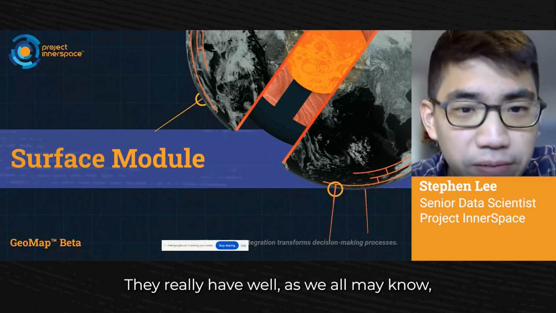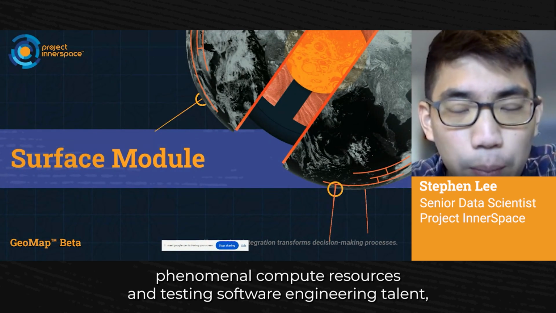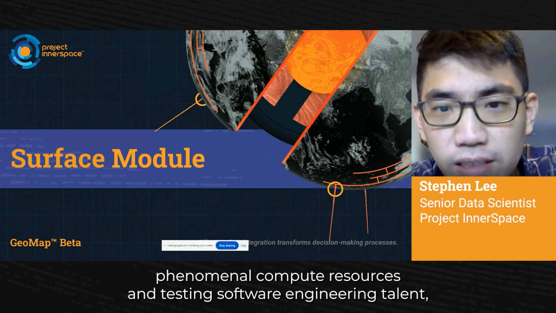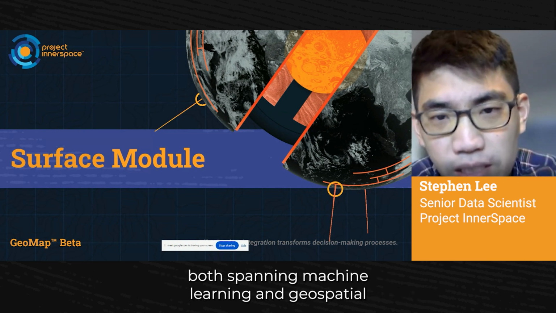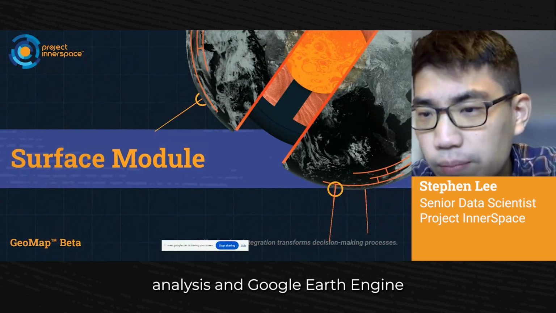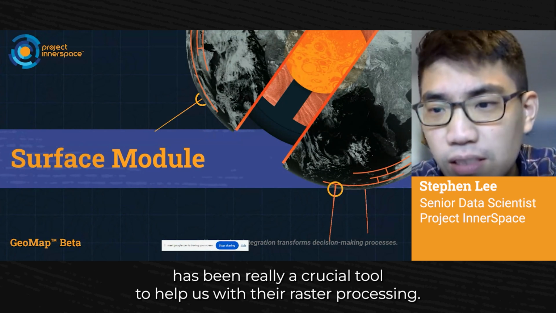They really have, as we all may know, phenomenal compute resources and fantastic software engineering talent, both spanning machine learning and geospatial analysis. And Google Earth Engine has been really a crucial tool to help us with our raster processing.